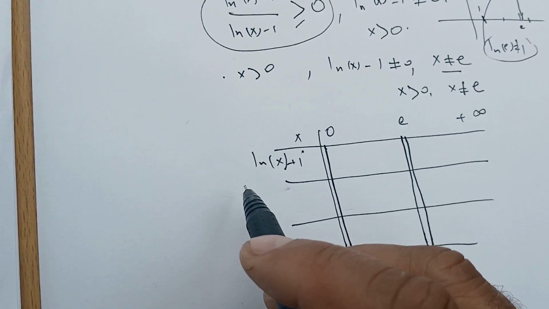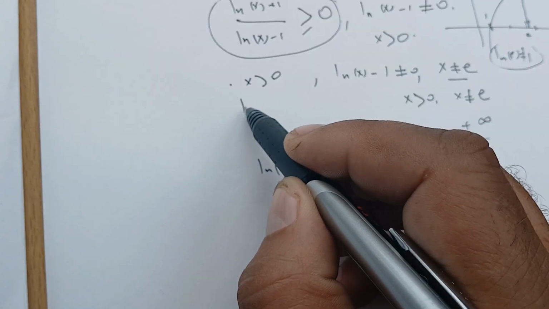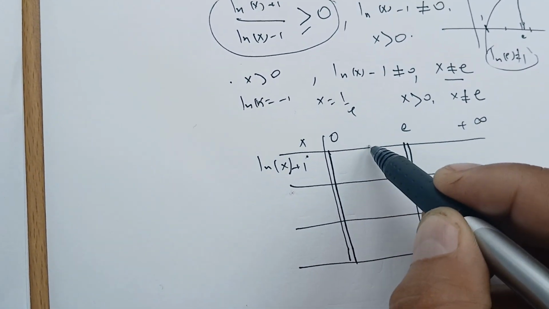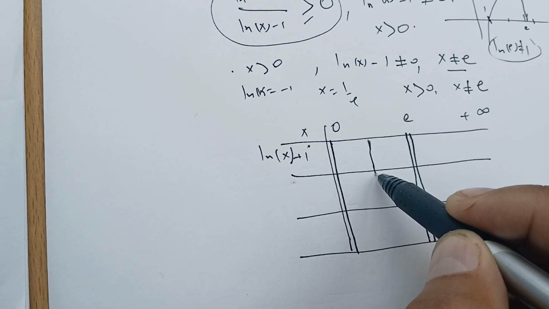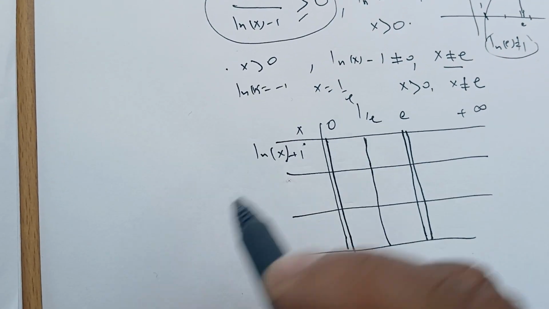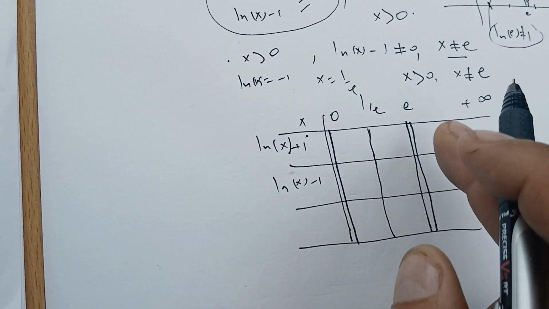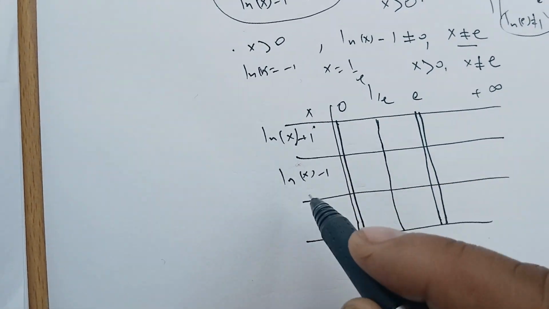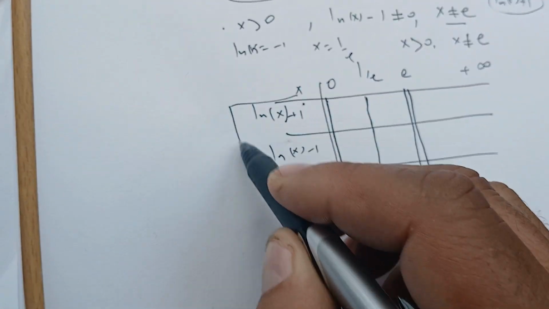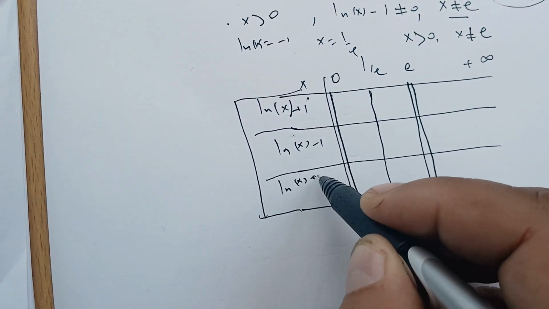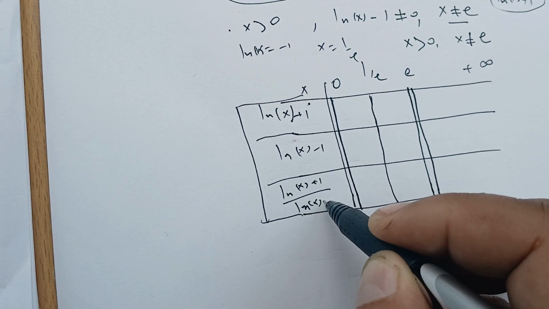When can this one be 0? Okay, so ln of x plus 1 is 0 when x is 1 over e. So this is 1 over e. Ln of x minus 1 equals 0 when x is e. Okay, and here we're going to have the sign of ln of x plus 1 over ln of x minus 1.